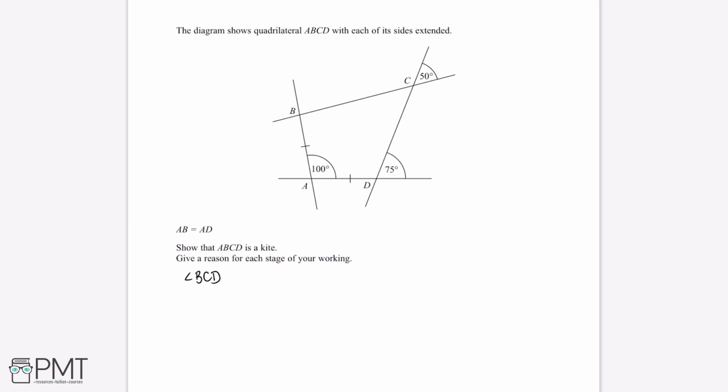So therefore angle BCD is 50 degrees. And an important thing to remember for this question is we need to give a reason for each stage of our working. And our reasoning for this is because vertically opposite angles are equal in size. So we can fill this into our diagram.